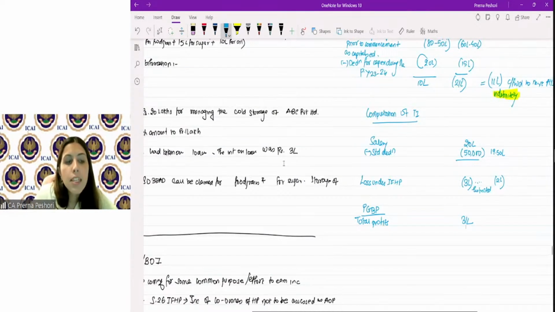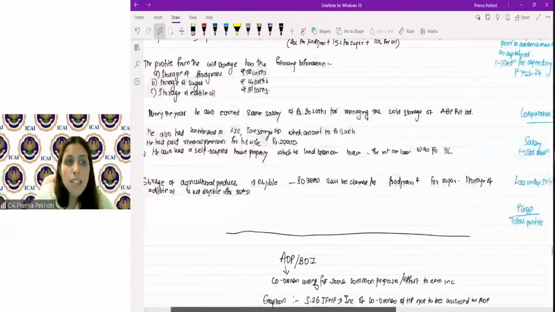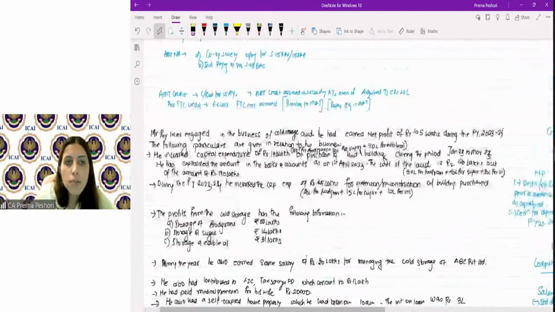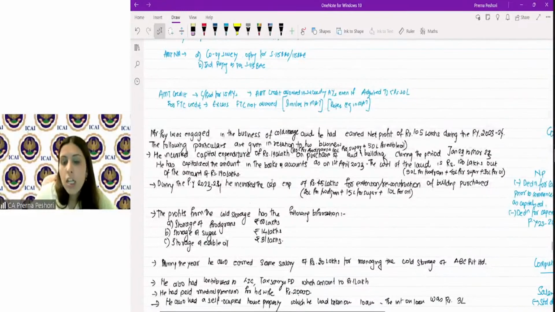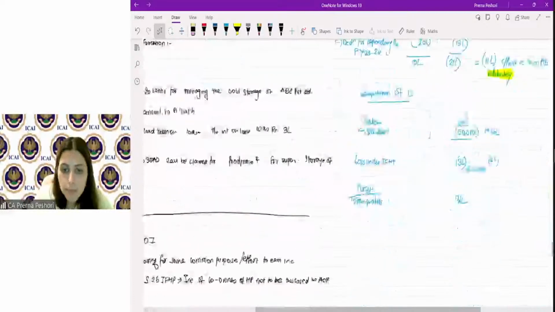You will claim the expenditure as the depreciation on the building. Assuming this net profit is without considering the depreciation on the building, you have purchased a building which is 50 lakh, right? Out of that, the land is not a depreciable asset. So that you will minus. So on 20 lakhs, you will carry out the depreciation.